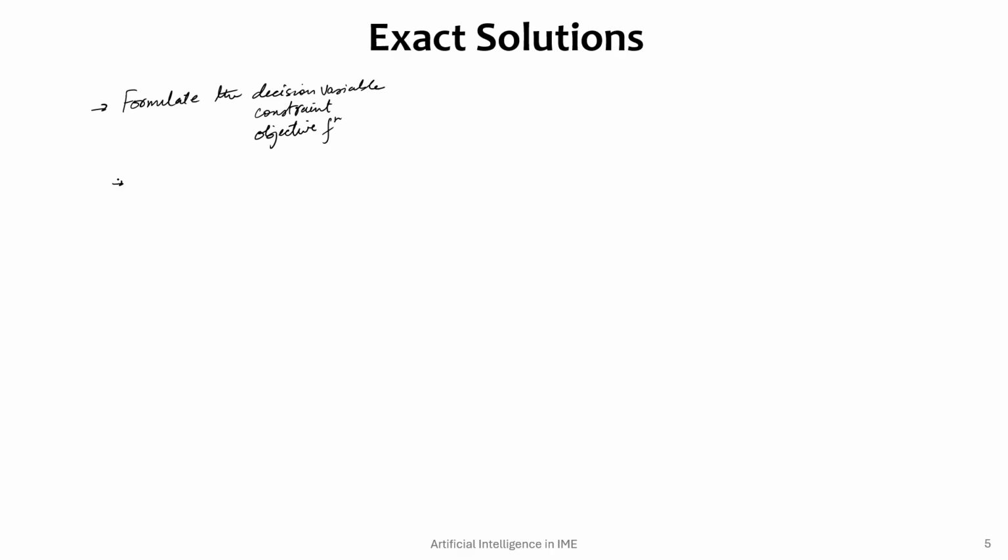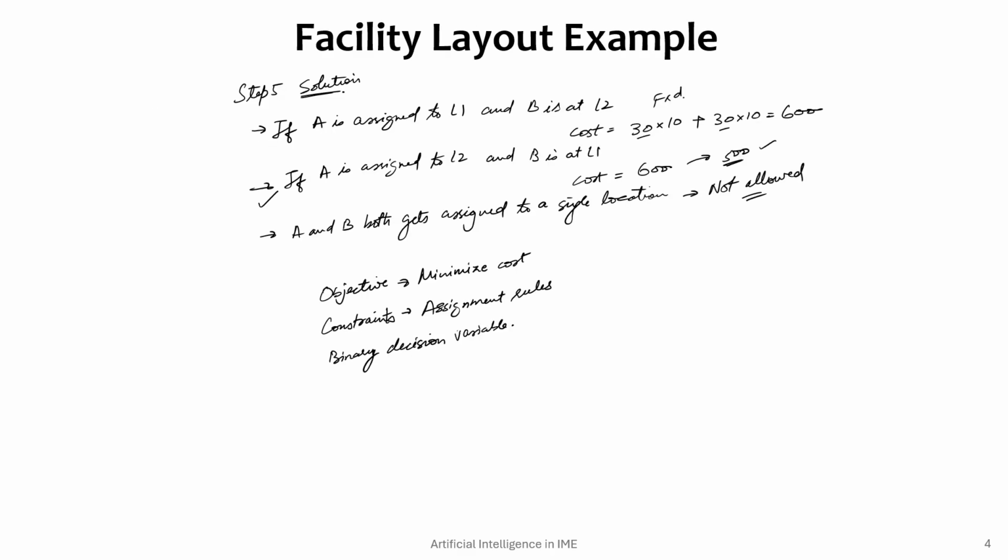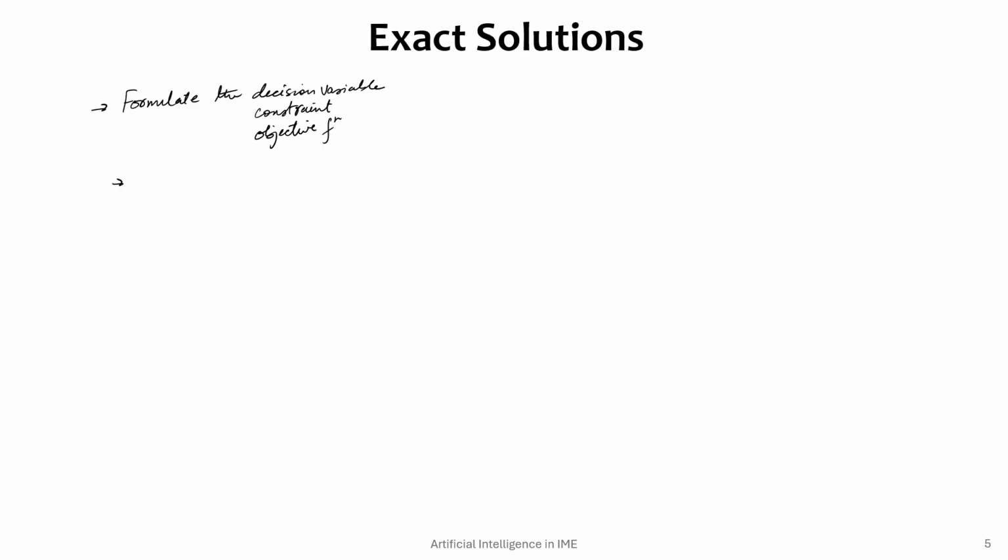Then we can perform these steps by using different kinds of solvers. Solvers could be CPLEX, which are industry standard solvers that are usually used, or Gurobi. They can solve linear and non-linear problems, and they guarantee the optimal solution.